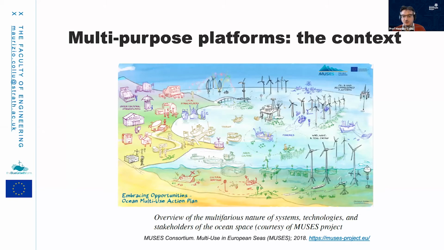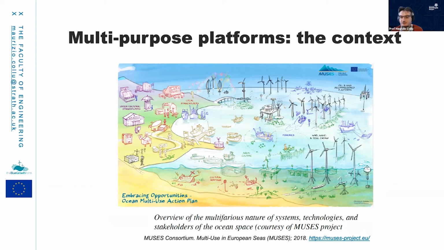So I would like to spend just a few minutes on the context. So why multipurpose platforms? This is a nice graph from the Multiuse project. It shows how the offshore environment, which in the mind of some can appear as a lonely place, is actually a very crowded place.